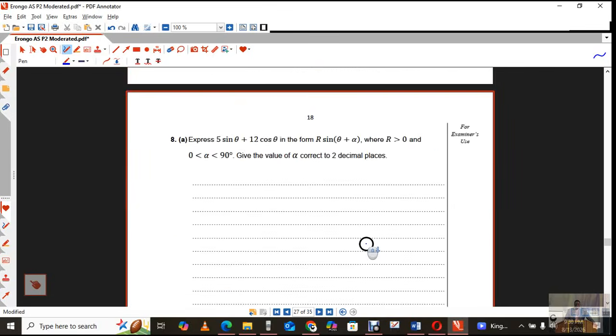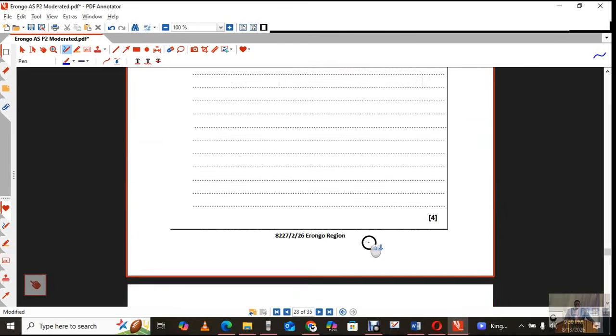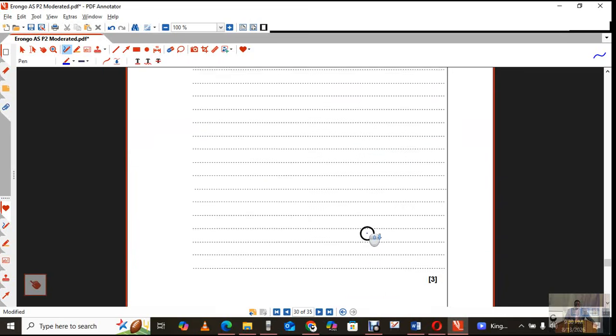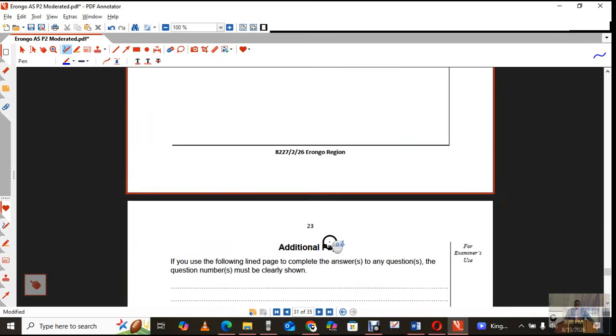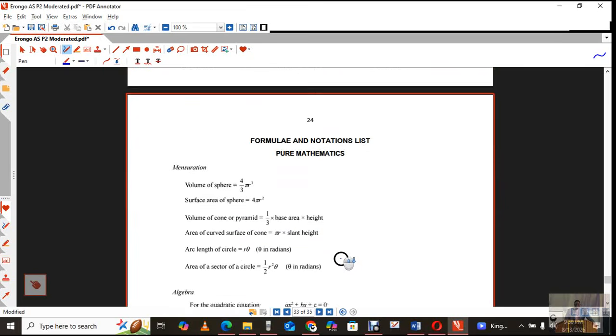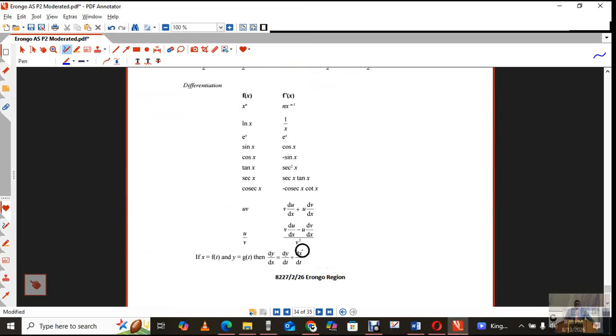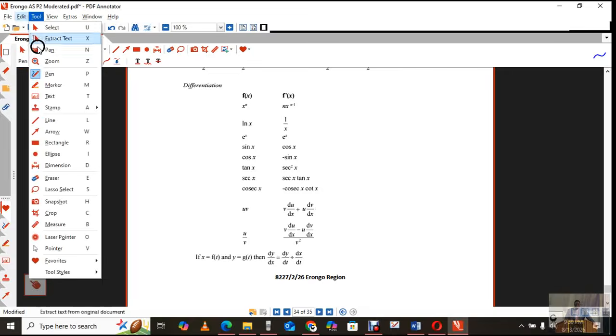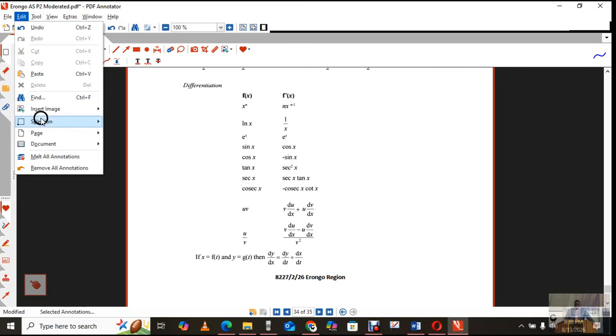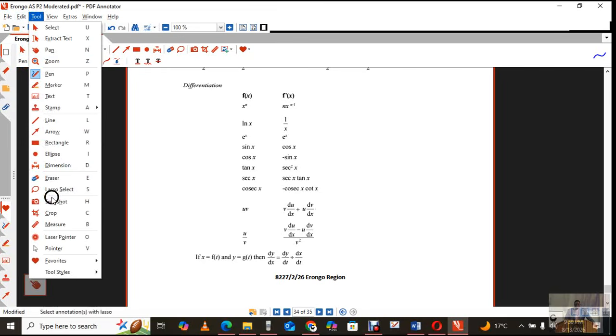If you need me to go grab it so you can see where it is, the product rule, the paper is quite long, I'm explaining. Let's find differentiation. Product rule is here, UV, okay, there we go. So let us take a snapshot.